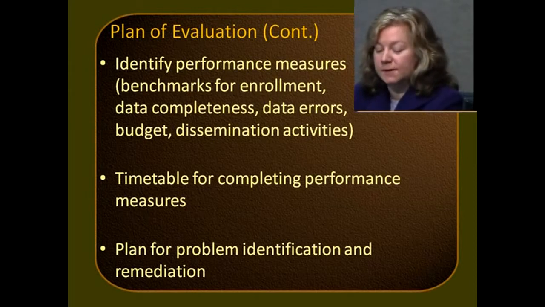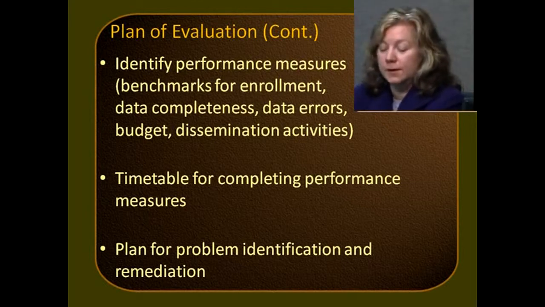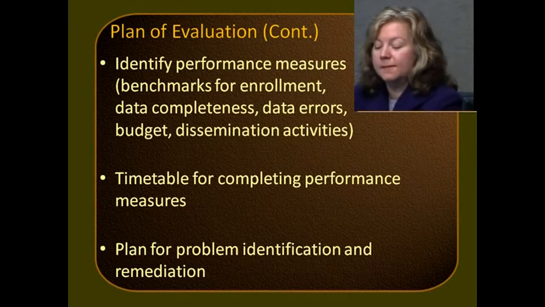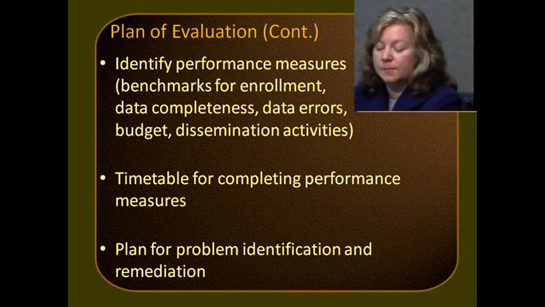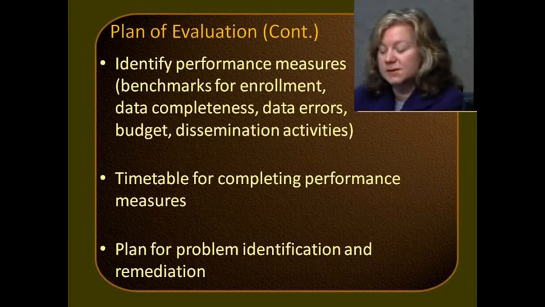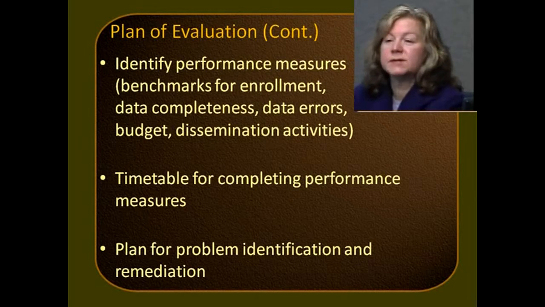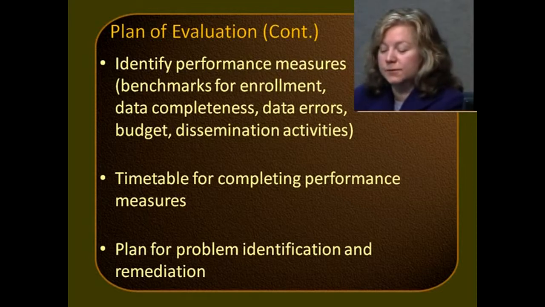Regarding research activities, some examples of performance measures might be quarterly enrollment numbers. Have you met the minimum specified for the project? Percent consent and percent follow-up rates. For example, you are hoping to get at least 80% of those approached to consent to be in your study. What's an acceptable follow-up rate if you're doing a follow-up after your initial enrollment?